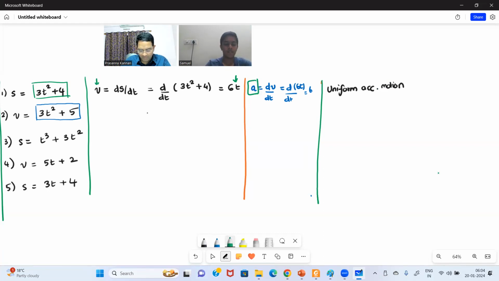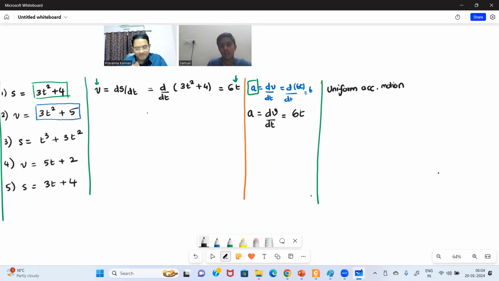So I get acceleration when I differentiate velocity. Is that clear? So when you differentiate 3t square plus 5, what do you get? 6t. Correct. So looking at this equation, you can clearly tell whether it's uniform accelerated motion or non-uniform accelerated motion.